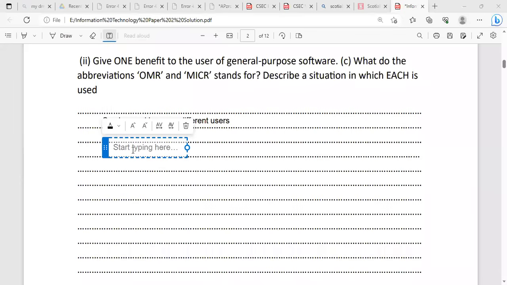All right, so the next question says, what does the abbreviation OMR stand for? While you guys are typing that quickly, it shouldn't take you more than 20 seconds. The OMR is the optical mark reader.